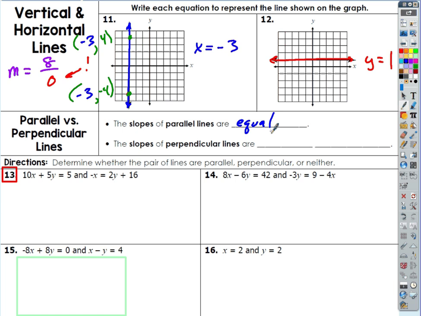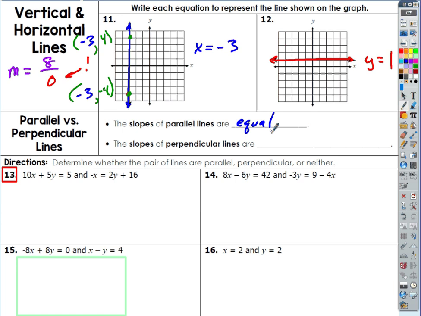And what about the slopes of perpendicular lines? If the slopes are equal for two lines, guaranteed the lines are parallel, right? They have to be. What about perpendicular though? Do you remember that relationship? Parallel lines never touch.